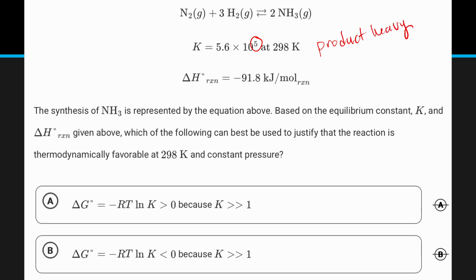And when I'm product heavy, I can assume that my reaction is going to be thermodynamically favorable. And when I calculate delta G, I know I'm going to get a value of less than 0, because I'm making a lot of products and on top of that I have an exothermic reaction, all signs are pointing to a spontaneous or thermodynamically favorable reaction.